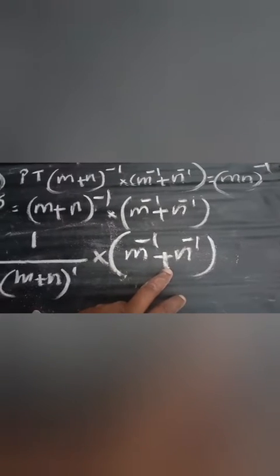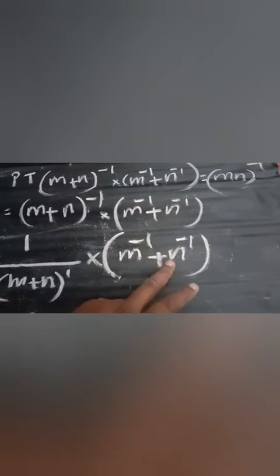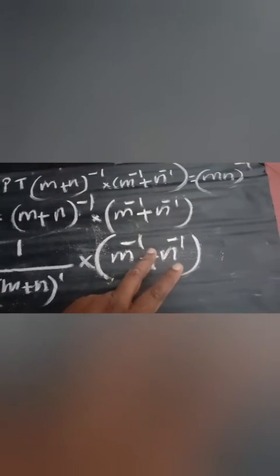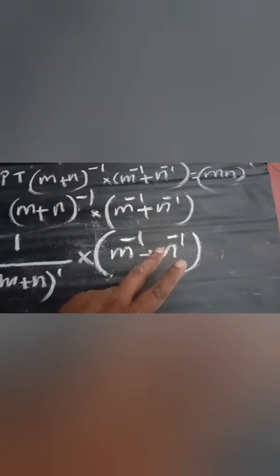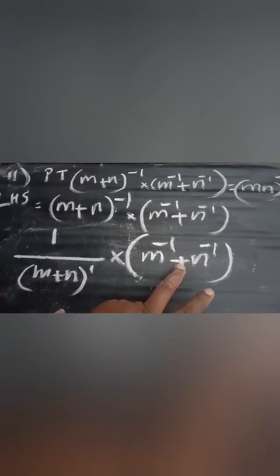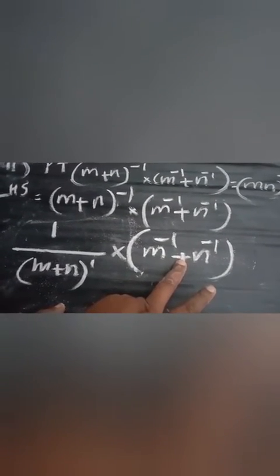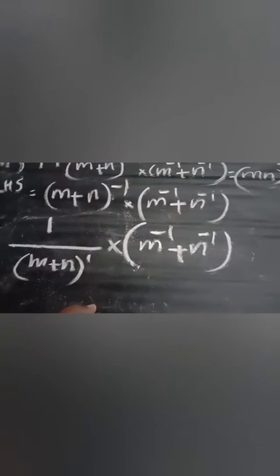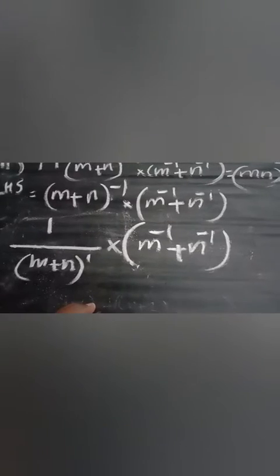If it is multiplication, we can give the power separately and also combine them. But here there is a plus sign, so we can't combine.